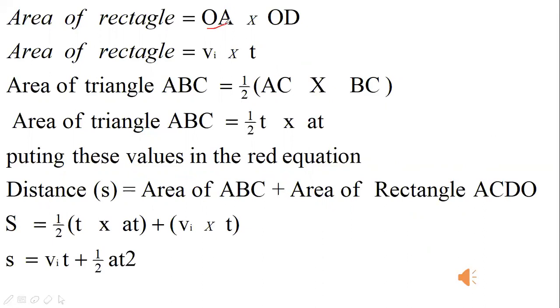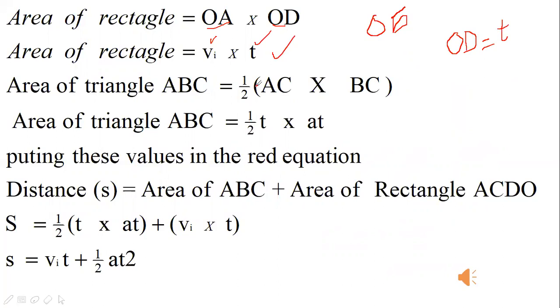The value of OA is VI, the initial velocity, and OD represents time in the given diagram. So this is the area of the rectangle.